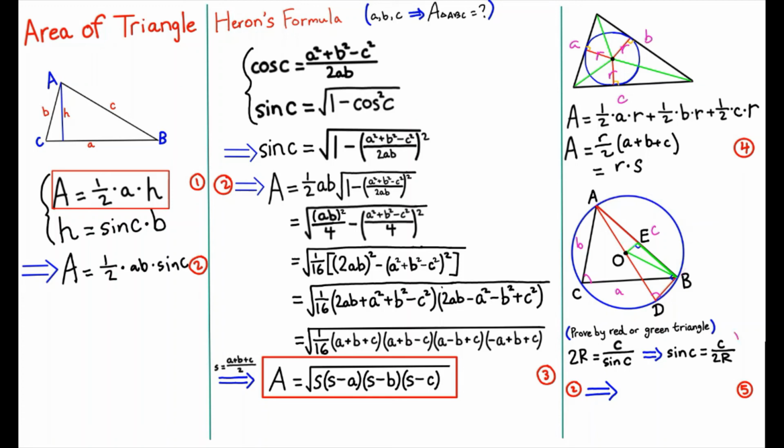Now, if we put this into formula 2, which is over here, we'll get that the area is equal to 1/2 times AB times c divided by 2R, which is also equal to ABC divided by 4R. And there you go. Those are 5 formulas, or 6 if you count this as a formula, but not really, to find the area of a triangle.